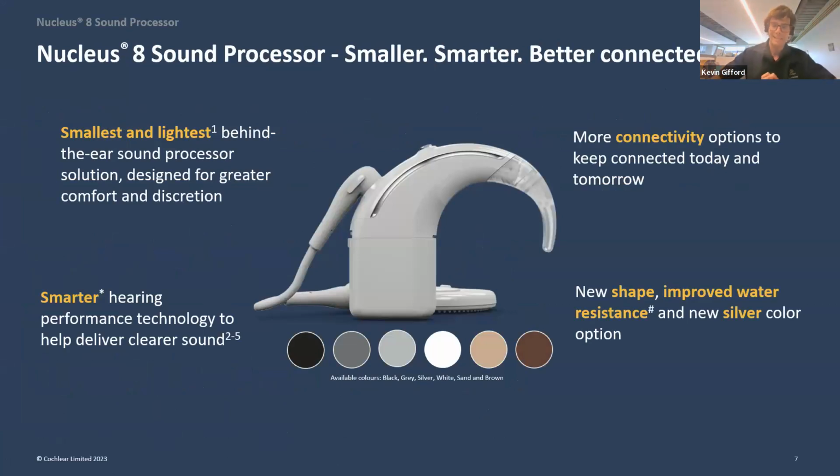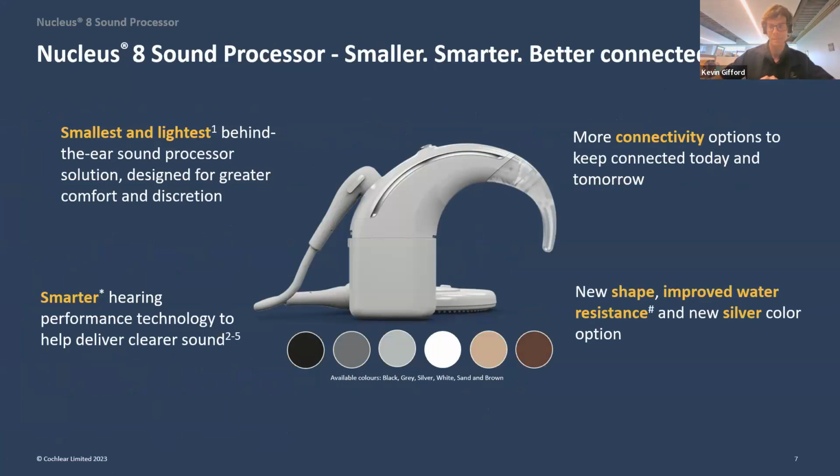So the Nucleus 8 is smaller, smarter, and better connected. It is the smallest and lightest behind the ear sound processor. It has smarter hearing performance and technology, more connectivity options. So what this means, it's compatible with Android and Apple smartphones and tablets.